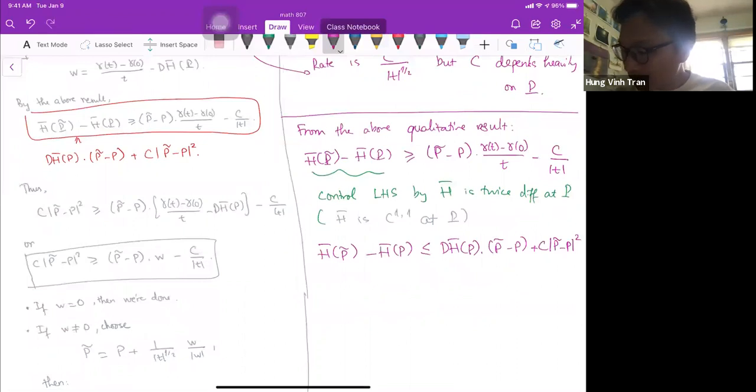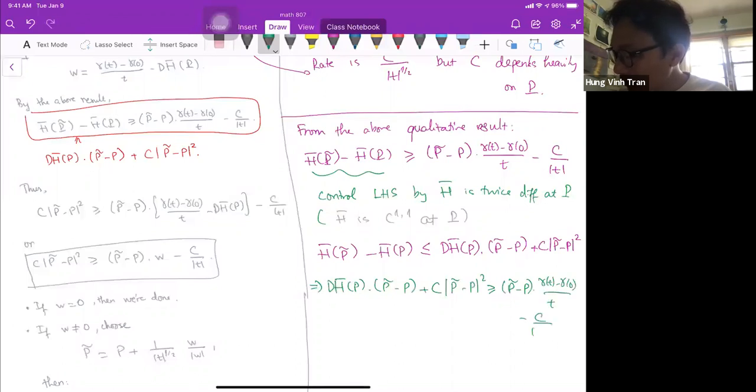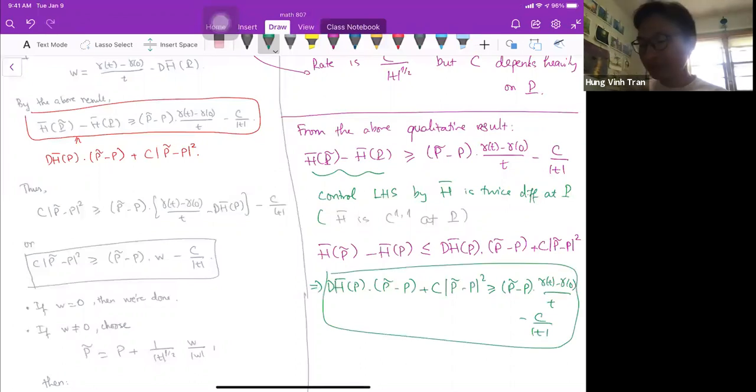So if you do that, then you have dh bar of P dot with P tilde minus P plus C of P tilde minus P squared is going to be greater than or equal to P tilde minus P dot with the rotation vector, minus C over t. Now you can combine things together and choose appropriately.